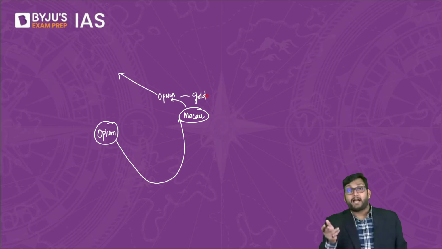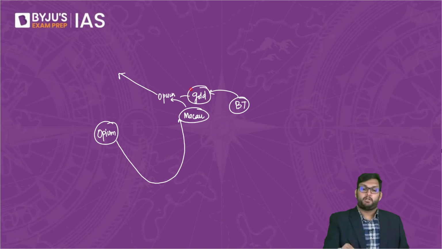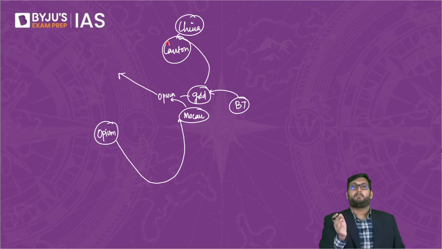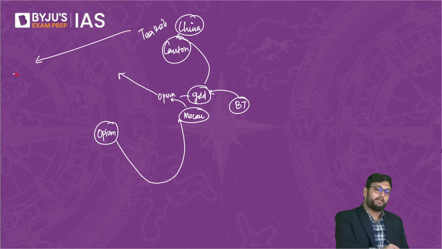Now at Macau, the British trader would meet the Indian trader, give his share to the Indian trader, and take this gold to China in the port of Canton, and buy tea and silk and take it to England.